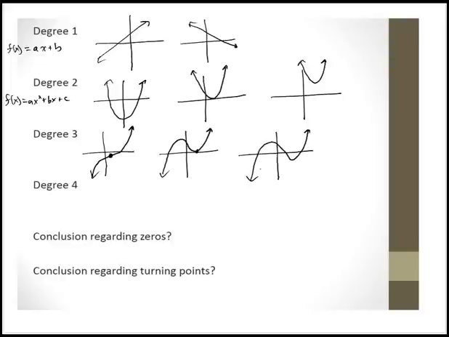What about degree 4? Well, degree 4 polynomials, we can actually have them look almost like a degree 2, like a parabola. Maybe a little bit flatter. But you can also have degree 4 polynomials that do this.